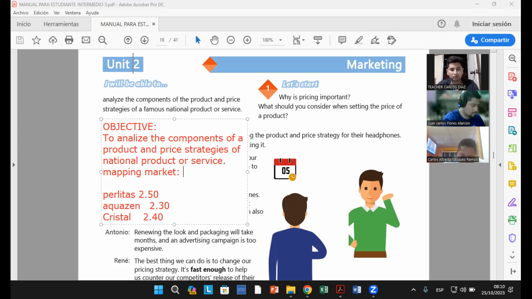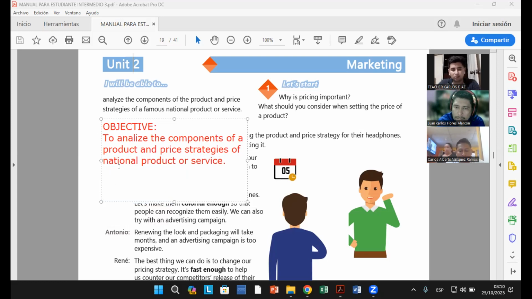They are going to investigate how much Aquacen or Cristal is selling the water, and depending on that, they are going to set a price. That is going to be the objective.